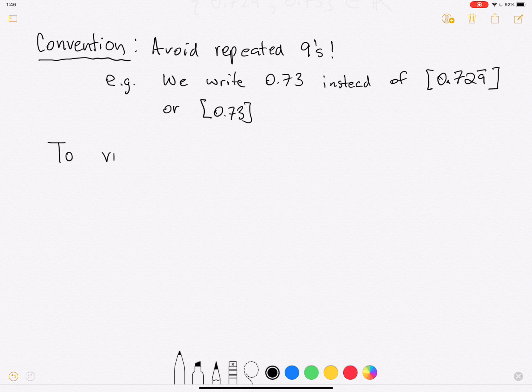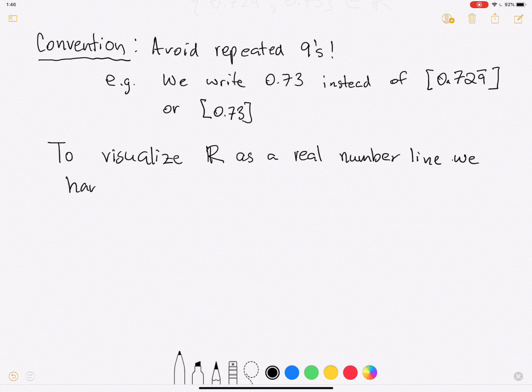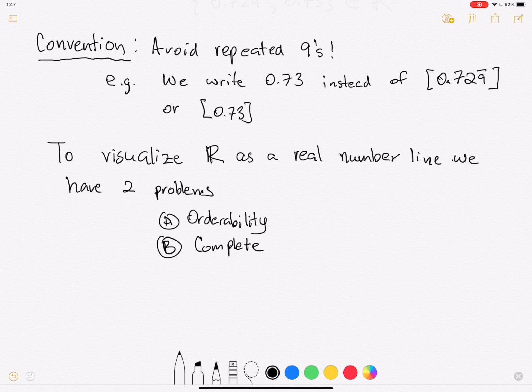Now, going on to visualize R as a real number line, we have two problems. In the last lecture, we said we always have orderability, so let's call that property A. The second property was that it was complete, meaning there were no gaps.